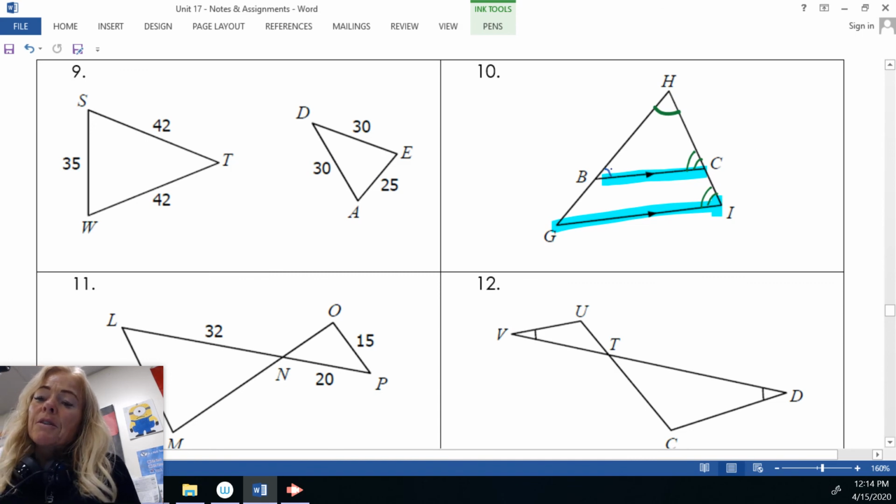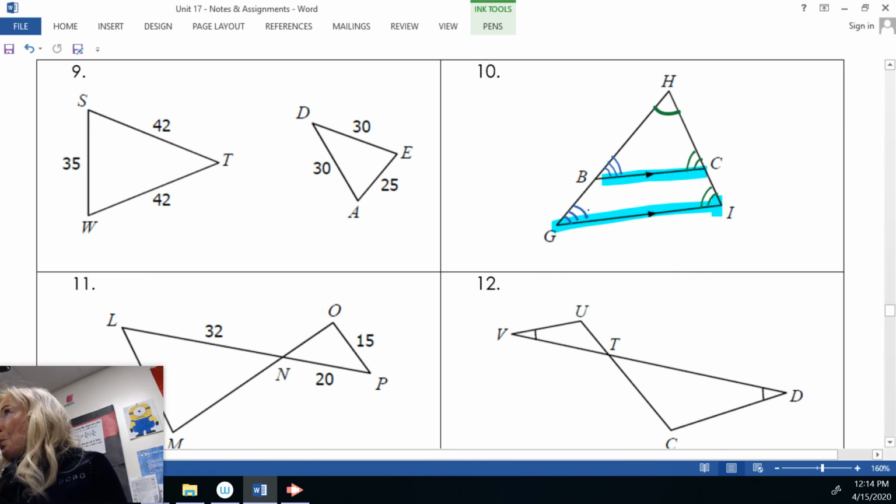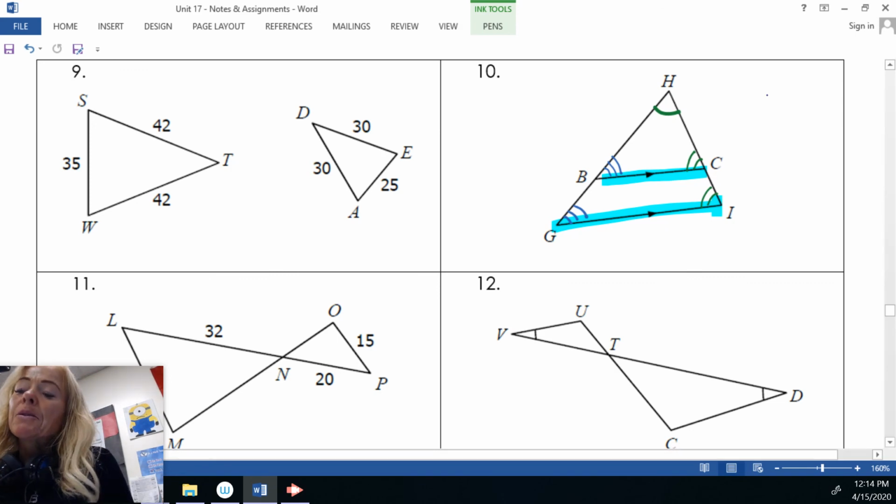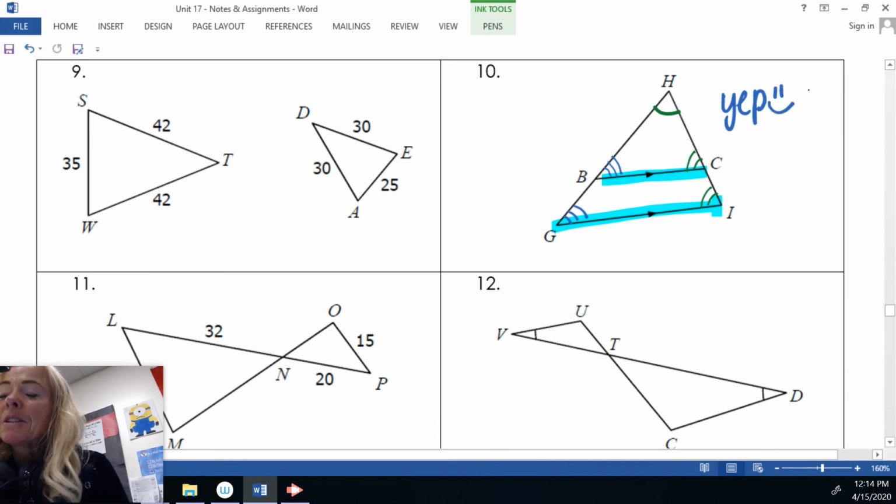And by the way, you could have checked these also. Those are also congruent. So I have 3 sets of congruent angles. So I know that they're similar. Sorry, I keep saying that. You're just used to congruent, not similar.